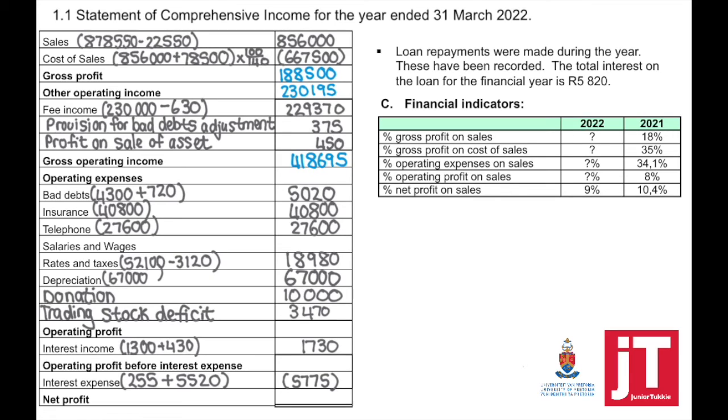Now, if I look at the financial indicators, all of them have a question mark except for the net profit on sales. This means I can use the percentage net profit on sales to find the net profit. Why? I've got the sales and I've got the percentage.